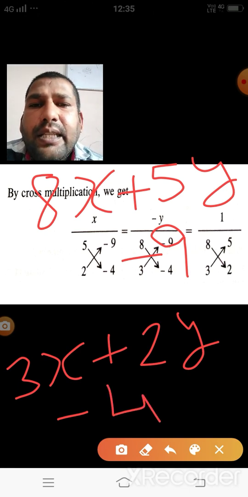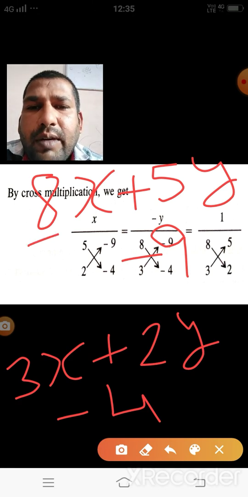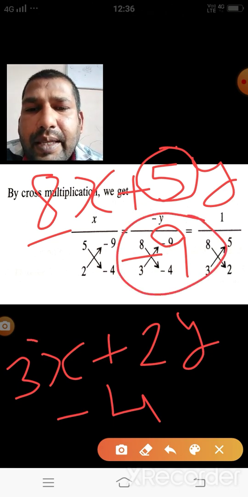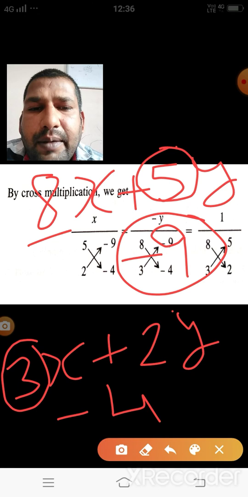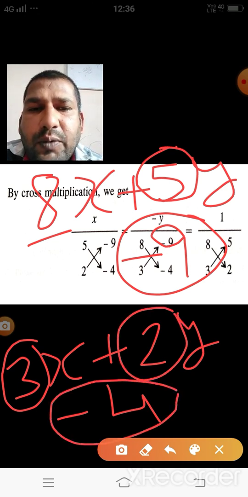Then easily we get the values of a1, b1, c1, a2, b2, c2. a1 is 8, b1 is 5, c1 is minus 9, a2 is 3, b2 is 2, and c2 is minus 4.